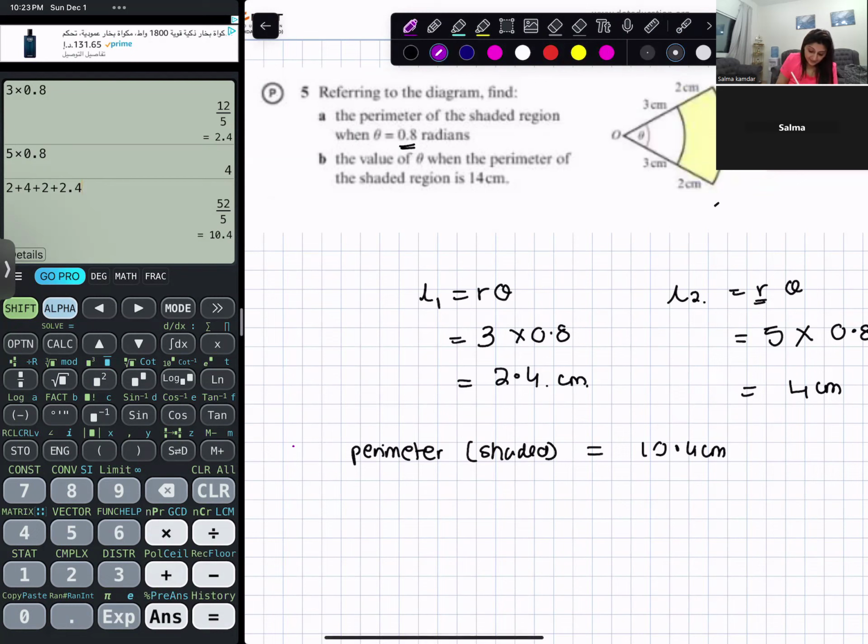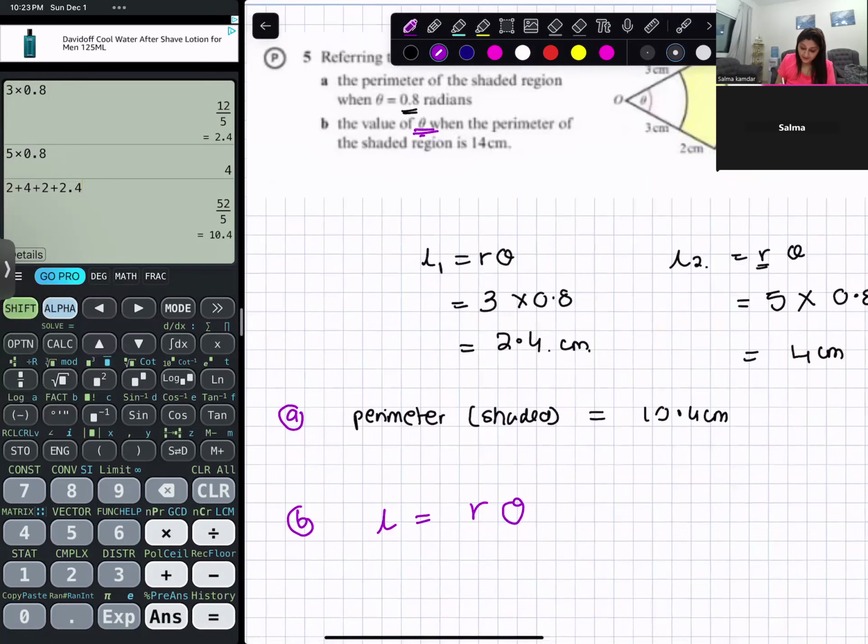Now let's look at the B part. They are telling me find theta when the perimeter of the shaded region is 14 centimeter. And they have asked me to find theta. I know my length of the arc is r theta.